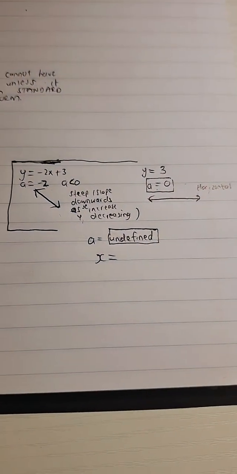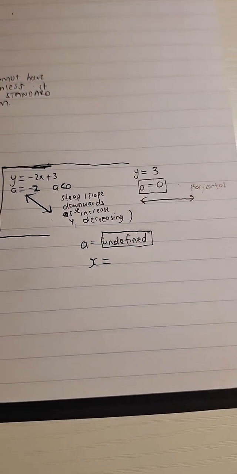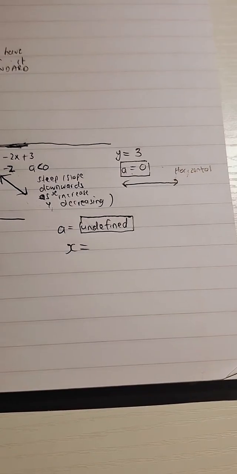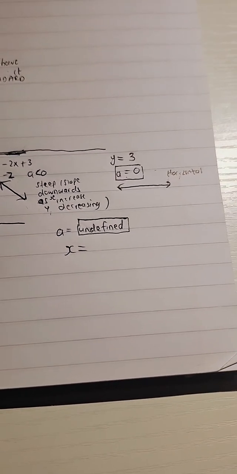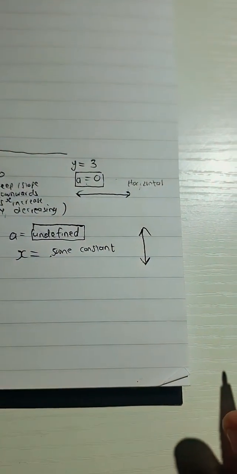But when a is undefined, which happens sometimes, the gradient is undefined, then you will have an equation x is equal to some constant value. And when x is equal to some constant value, the shape of the function is a vertical line.